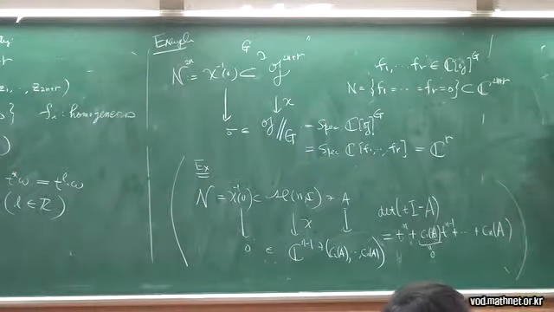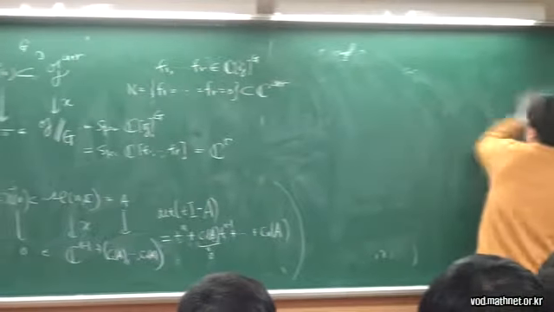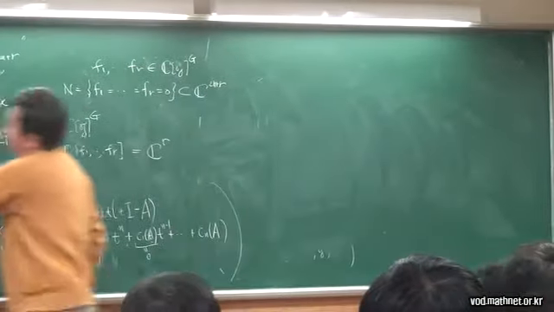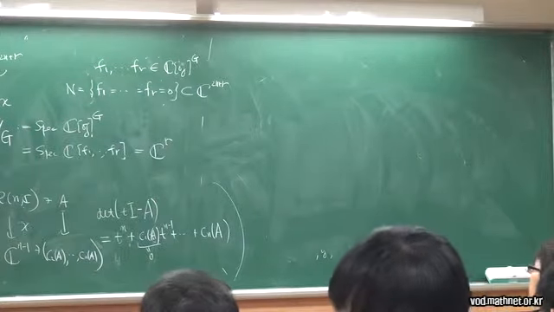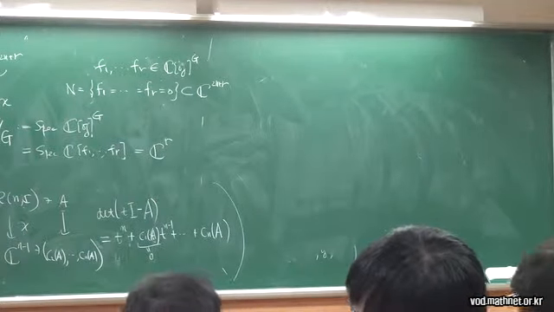So the main result is that if this holds for a general affine symplectic variety satisfying this condition, then it should be this.